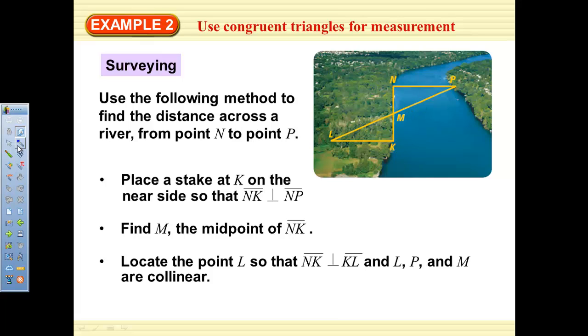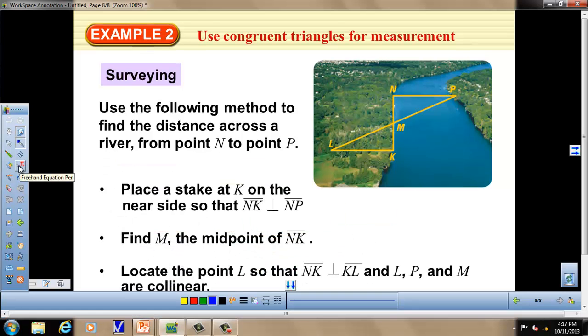Now what's going to happen here is we're creating congruent triangles. Let me use yellow here. We know that these angles are congruent automatically. We know that NM and MK are congruent because M is the midpoint of NK.